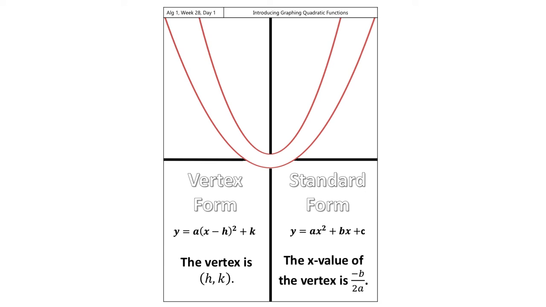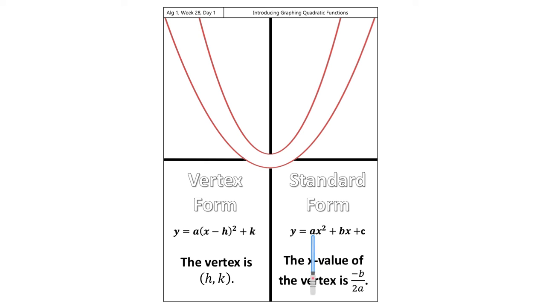When it's in standard form, this is the same kind of standard form that we've already talked about with the quadratic formula. We just have it equal to y instead of equal to 0. In this, you can't see the vertex right away. You actually have to use this formula here, negative b over 2a, to be able to find the x value of the vertex.